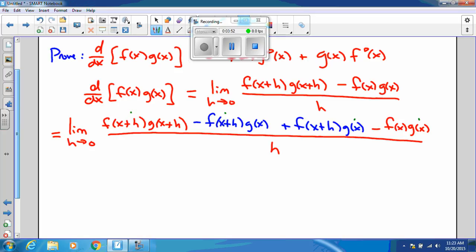And now the next part of the key move is to divide this very large fraction up into two fractions that have this common factor and that common factor separately.